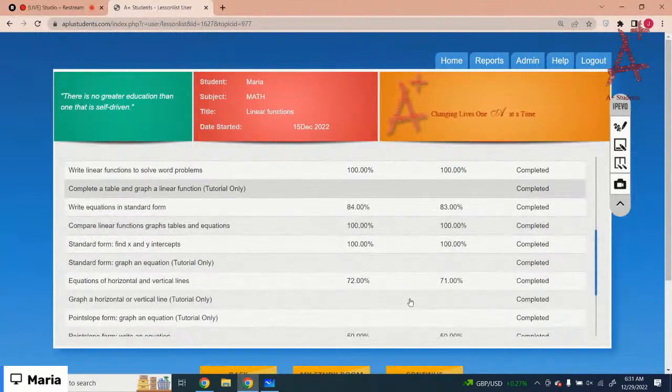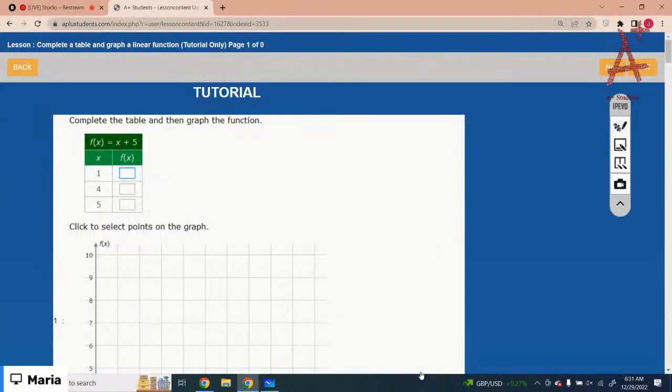Okay, here is the lesson. Complete a table and graph a linear function. Okay, complete the table and graph the linear function.